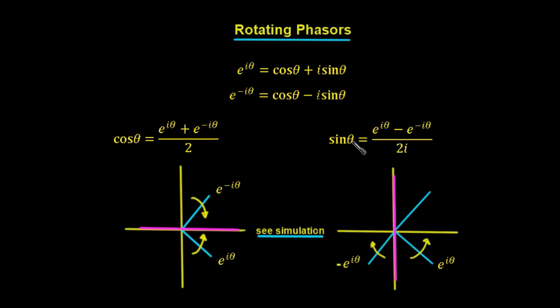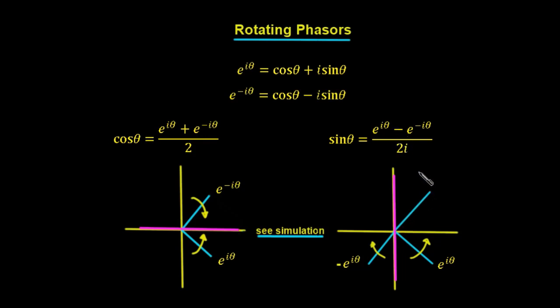And you can see that this here generates the sine function, because if you were to draw out each of these rotating phasors, you would have the e to the I theta, which is this one here, rotating in this direction, and e to the minus I theta would be this one here, rotating this direction, but it's actually minus e to the minus I theta. So the actual vector position of this one here is in the opposite direction.